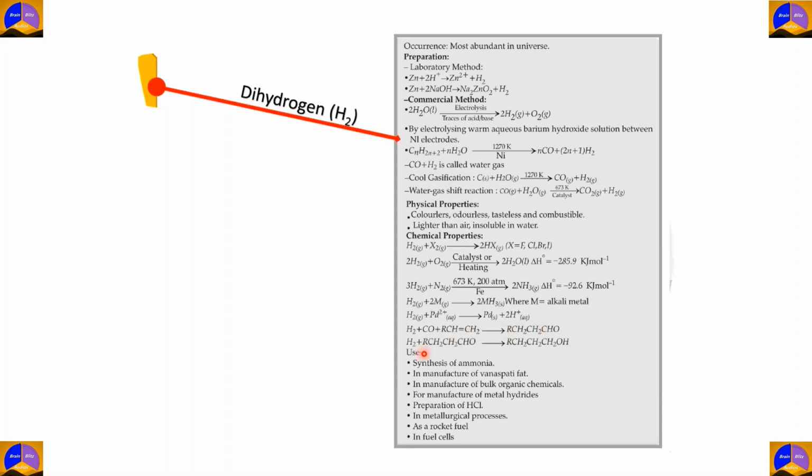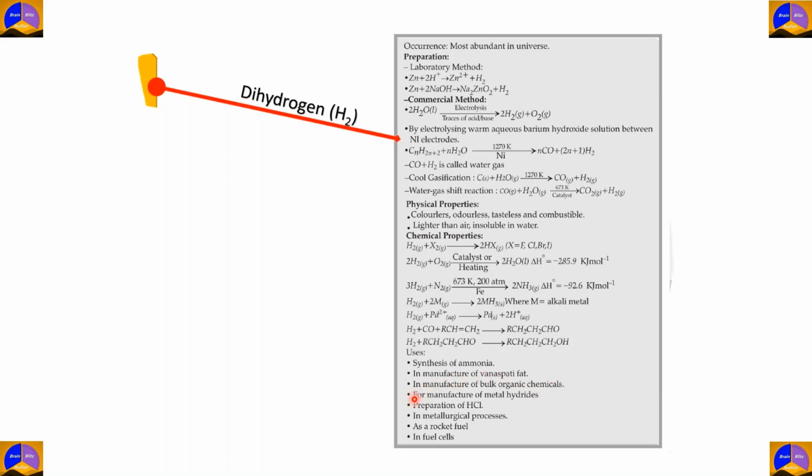Now, we move on to the uses of dihydrogen. The first use is the synthesis of ammonia, that is NH3. The second use is in the manufacture of vanaspati fat, which we commonly call dalda. The third use of dihydrogen is in the manufacture of bulk organic chemicals, predominantly methanol.